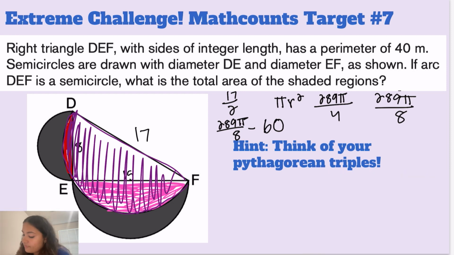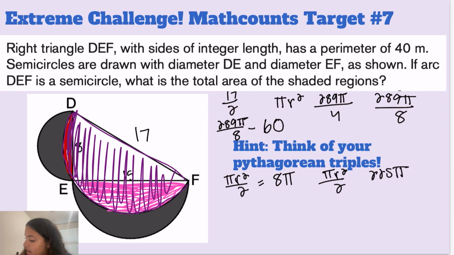So the area of semicircle DE is pi r squared divided by 2, and we see that the radius is 4 because it has diameter 8, so that would be 8 pi. And the area of semicircle EF is pi r squared over 2, and the radius is 15 over 2, so that would be 225 pi over 8.